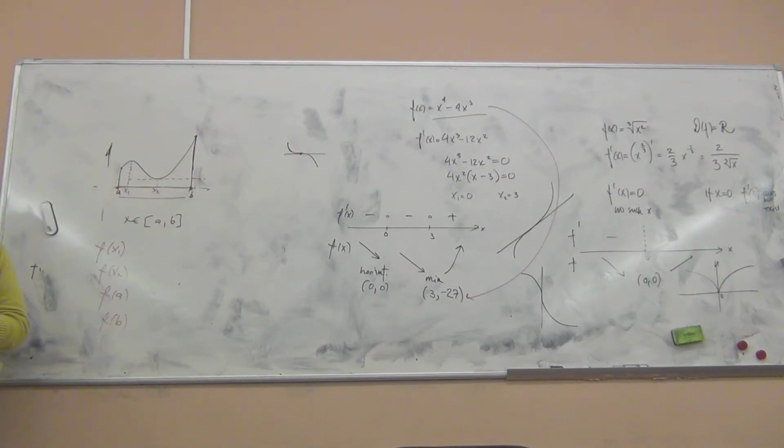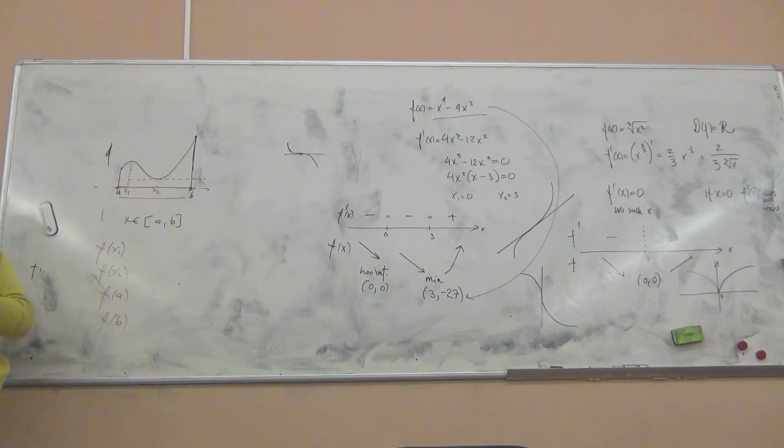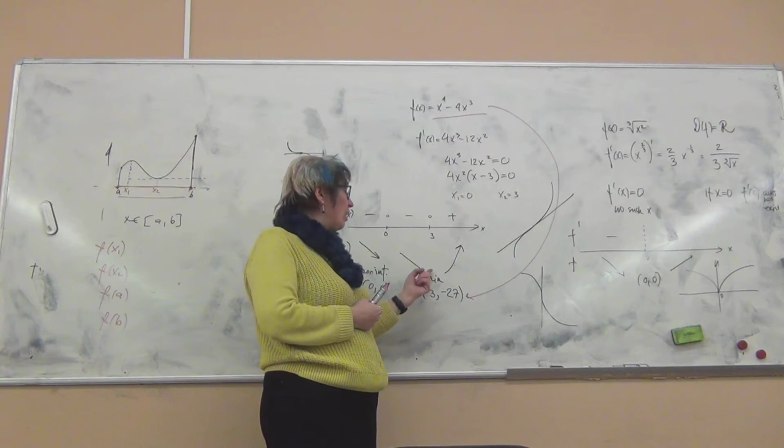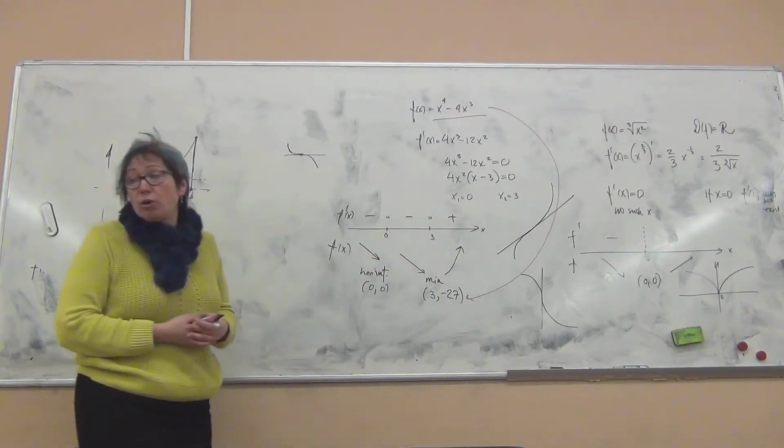So to save ourselves a lot of work, we do not investigate the signs of the derivative. We do not investigate increase, decrease of the function. We simply check the values at these 4 points, or more, or less, depending on how many points we have there. So there is a difference from the previous tasks. In the previous tasks, we were investigating the local minimum and local maximum points, so the local extrema.